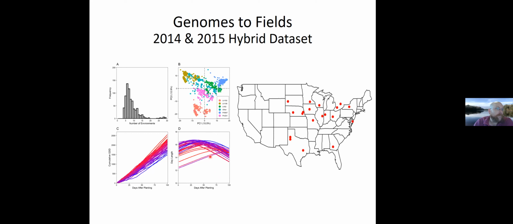We can see that in the southern locations, they experience a much shorter day length, not quite approaching a tropical day length, but there's still some diversity. You can see the geographic distribution on the map on the right. I believe the northernmost location is South Dakota, and then we go as far south as Georgia and Texas.